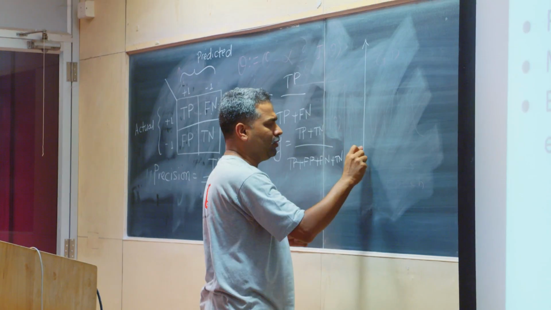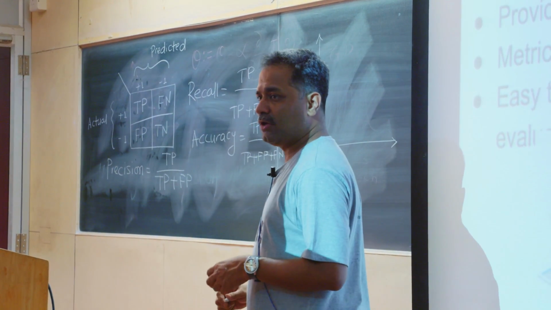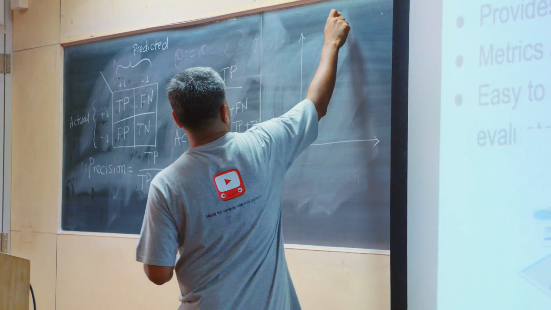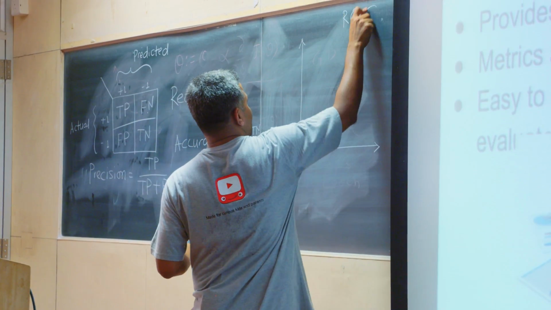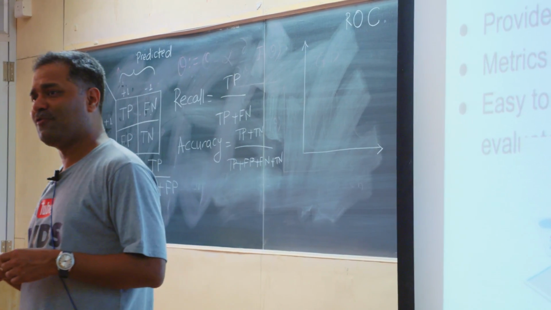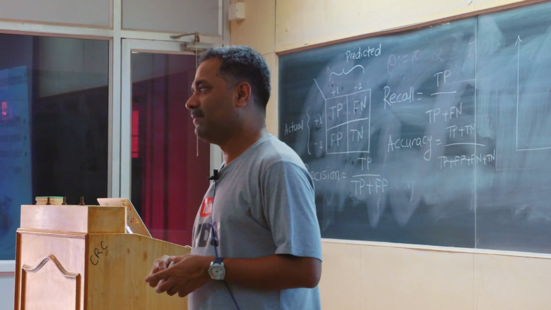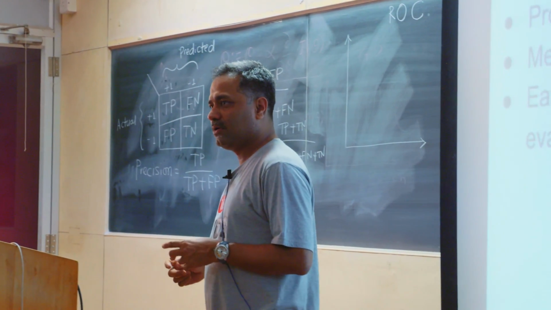Then we also draw a couple of other graphs, right? One of the graphs is called the ROC curve, which is the receiver operating characteristics curve, right? Which tells us how our classifier performs across various thresholds, right? Imagine you have a logistic regression classifier.